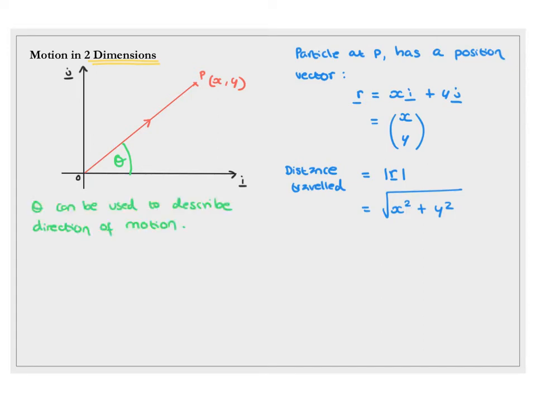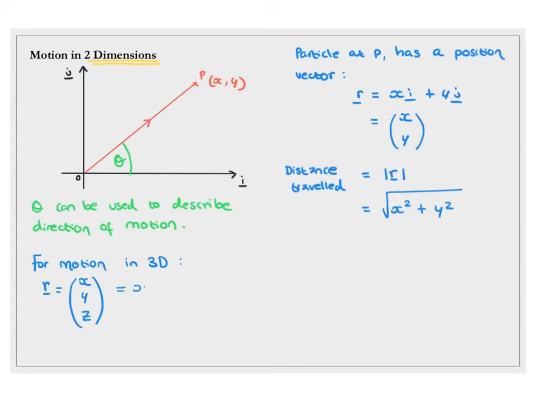Now, if you've learned a little bit about motion or vectors in 3 dimensions, you will know that a position vector for a particle moving in 3D space could be expressed in the following way. We could write the position vector as (x, y, z). So it's got an x component, a y component, and a z component.